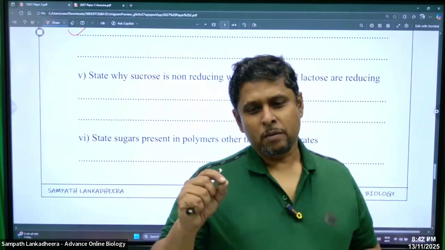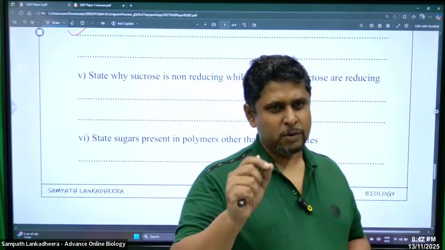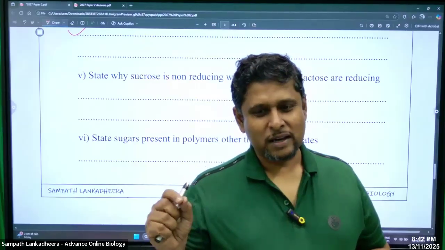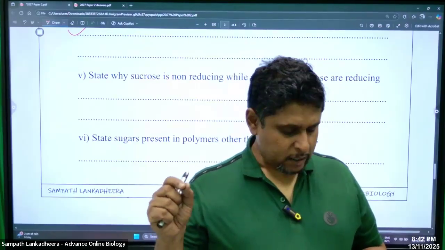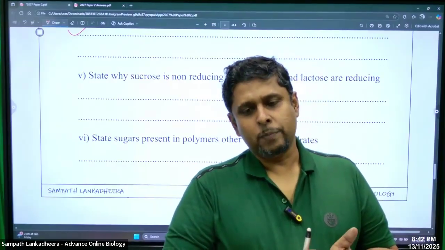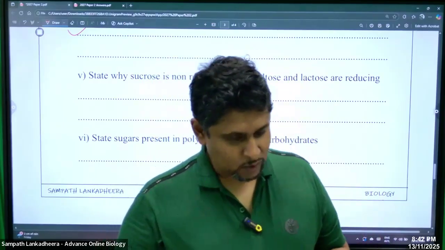Make a small correction: both carbonyl carbons are involved in the formation of the glycosidic bond, right? But in maltose and lactose, a free carbonyl group is available, so therefore it can undergo reducing.